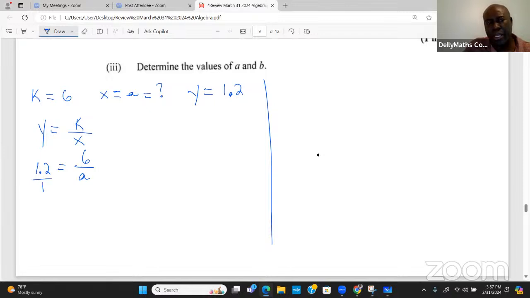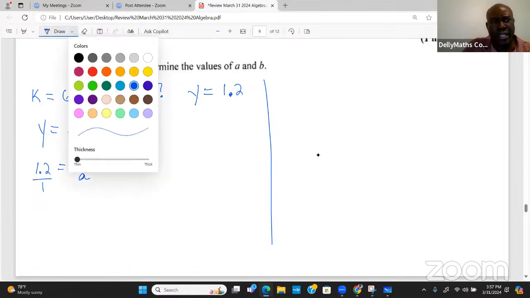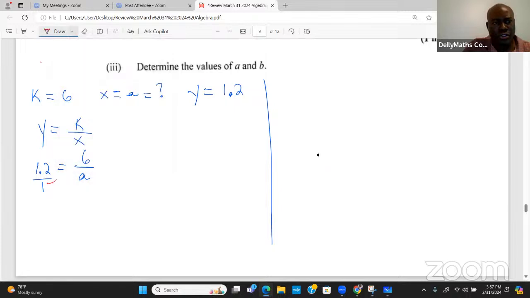You could put the 1.2 over 1 if you want. So basically, I'm going to do a quick cross multiplication. Take a look. I'm going to multiply this with that, and then this with that, and then we just solve it. 1 times 6 is 6, which is equal to a times 1.2, which gives me 1.2a.